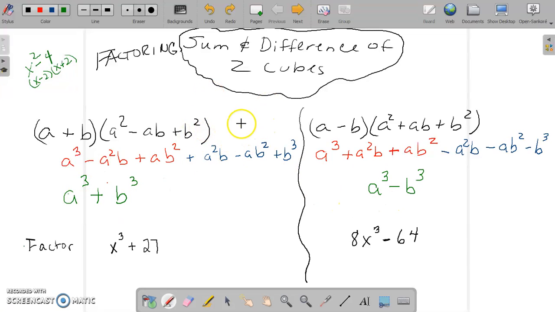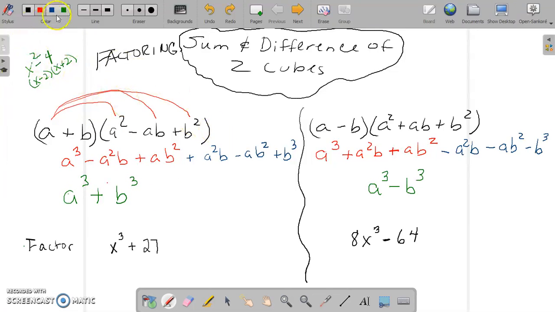I'm going to show you how this works. In section 2.3, you are actually doing this type of multiplication here. If you were to multiply this binomial times this trinomial, the stuff in red is a times a squared, ab, b squared, which gives a cubed minus a squared b plus ab squared.